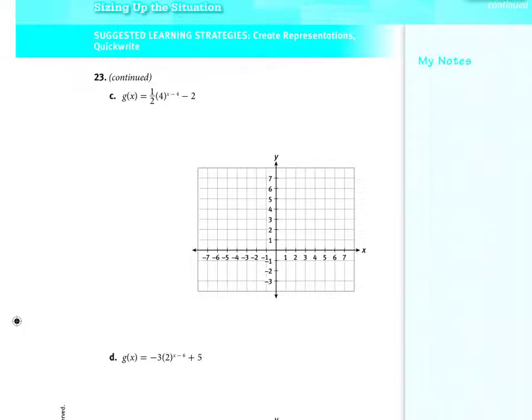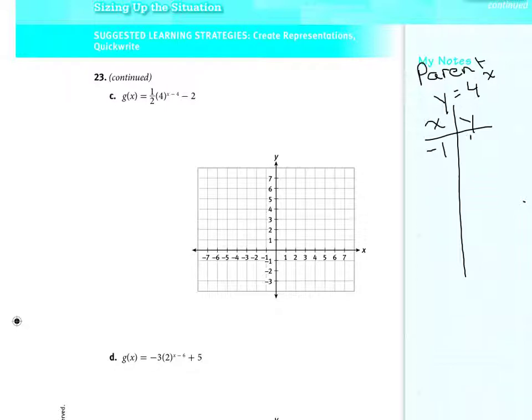What is the parent function? The parent is the simplest version, so that would be y equals 4 to the x. I'm going to use that to make my table. When x is negative 1, we're doing the reciprocal, so that's 1/4. When x is 0, 4 to the 0 is 1.